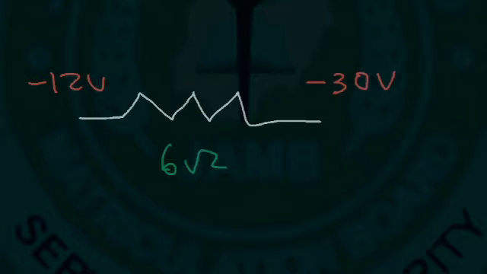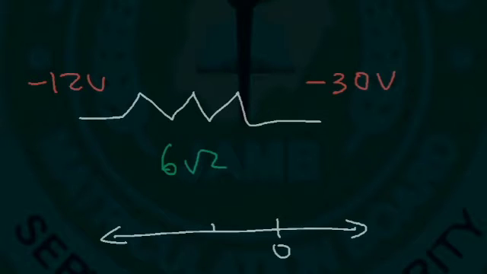What is the difference between negative 12 and negative 30? Negative 12 is greater than negative 30. On a number line, this is 0, here's negative 12, and here's negative 30. As you travel to the right on a number line, the value increases. So negative 12 is larger than negative 30. So this is the positive side and this is the negative side.